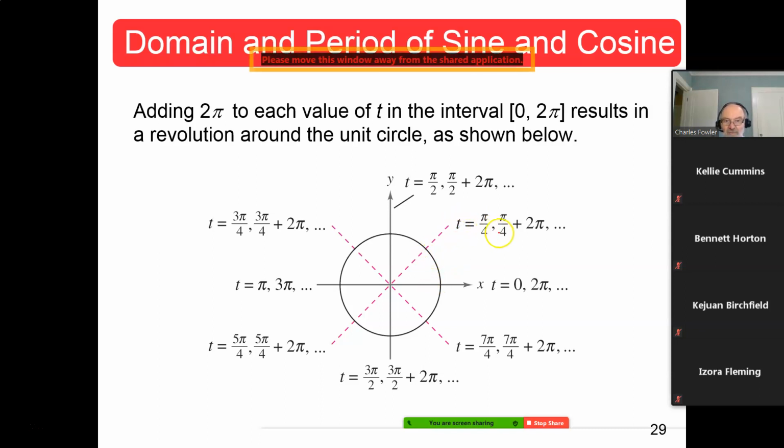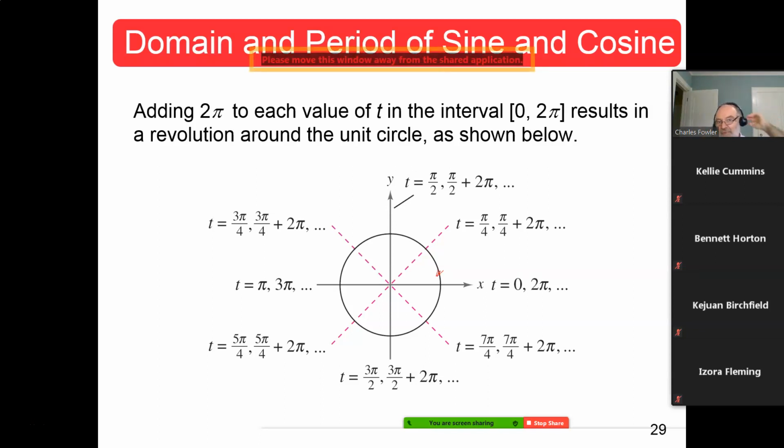For these particular ones, pi fourths, pi halves, 3/4 pi, 5 pi fourths, 3 halves pi, 7/4 pi, and 0, add 2 pi to it, and you're right back at the same place. But any point, right here, whatever point that is, add 2 pi to it, you're back here at that same point. So guess what? The period of sine and cosine is 2 pi.